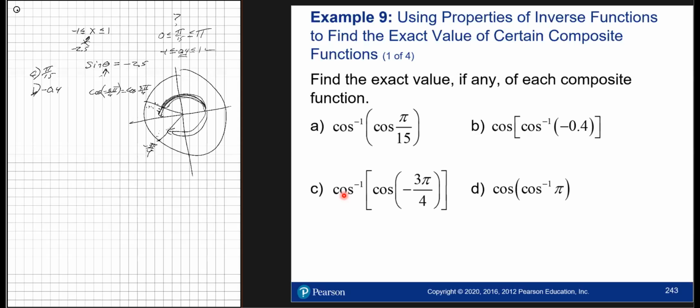So then we just interchange the x and the y. And now we want to solve for sine y first. Okay, so that means we're going to add 1 to both sides. And then divide by 2.